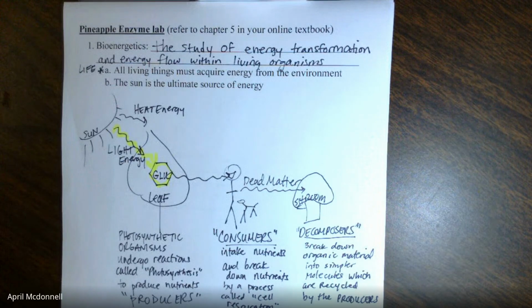The decomposers ultimately break down the dead organic matter into simpler molecules, which are going to end up being recycled, usually by the producer type organisms.